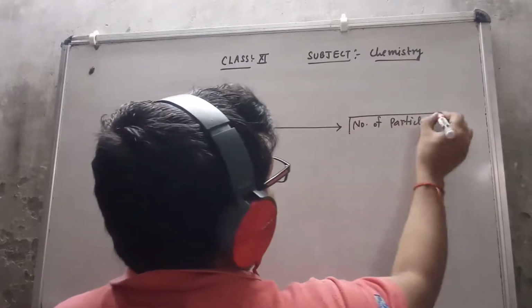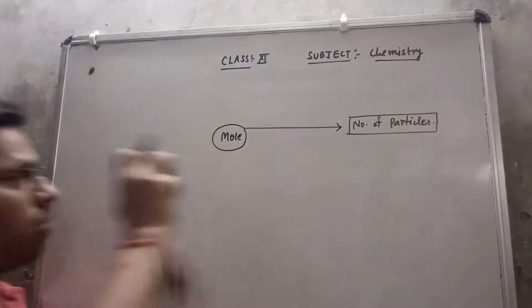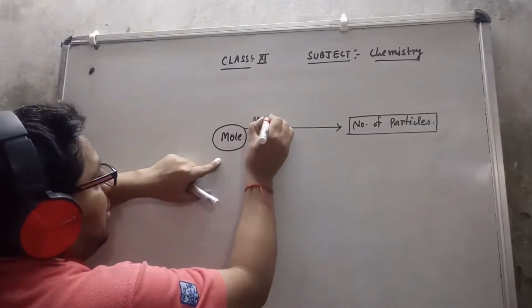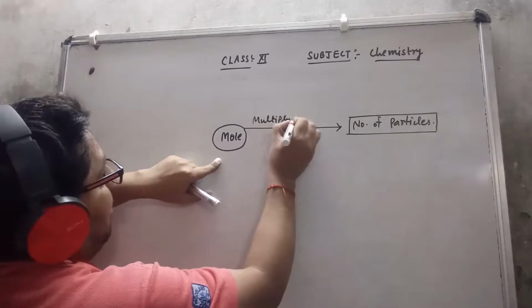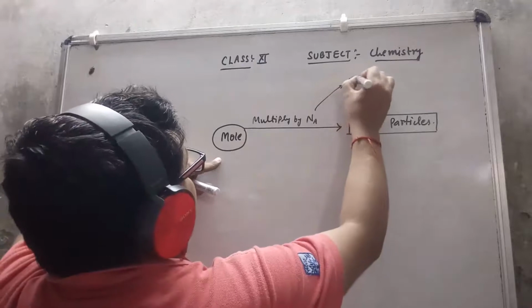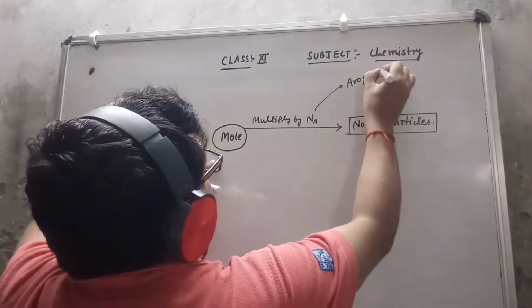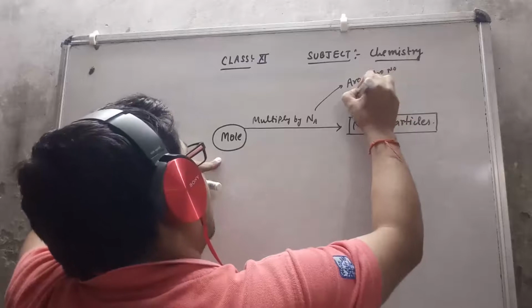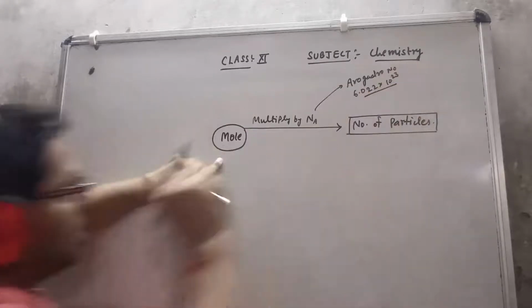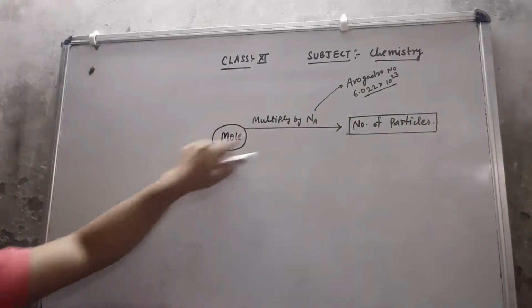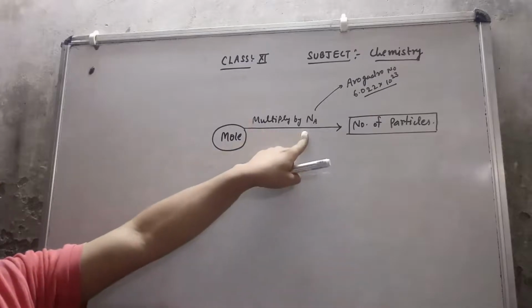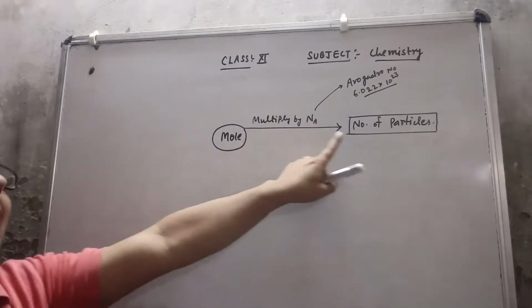If I want to convert the mole into the number of particles, then I will multiply by Avogadro number. This is Na, the Avogadro number, and its value is 6.022 into 10 to the power 23. So if I want to convert mole into number of particles, I multiply mole with Avogadro number, then I get the number of particles.